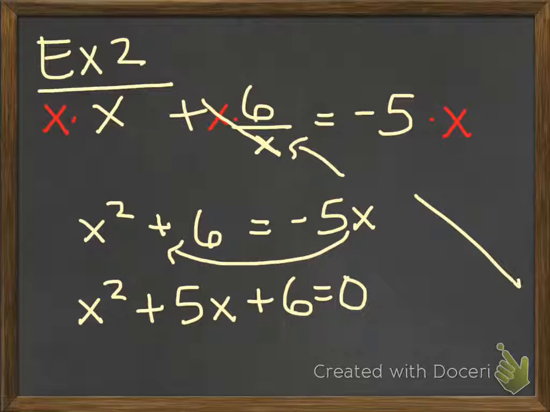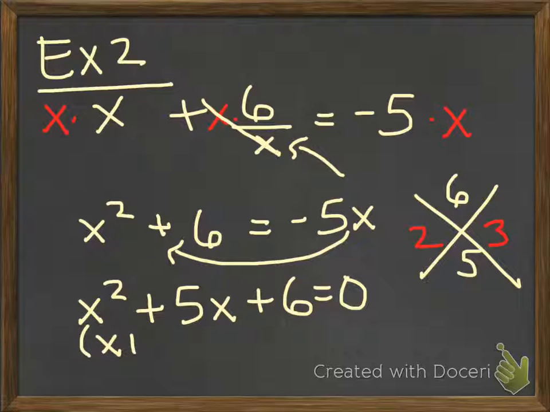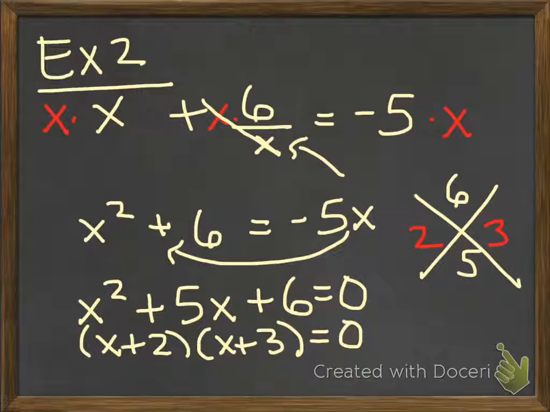Now it's a diamond problem. 6 on top, 5 on the bottom. Two numbers that multiply to 6 and add up to 5 are 2 and 3. So then we have x plus 2 times x plus 3 equals 0. The two answers that work are negative 2, because negative 2 plus 2 is 0, and negative 3, because negative 3 plus 3 is 0.